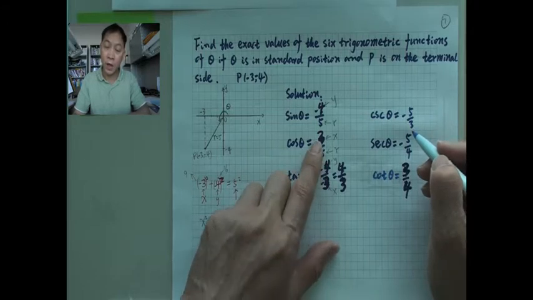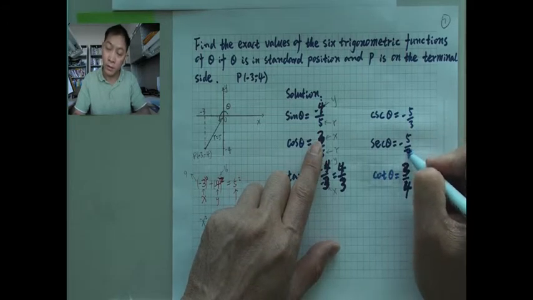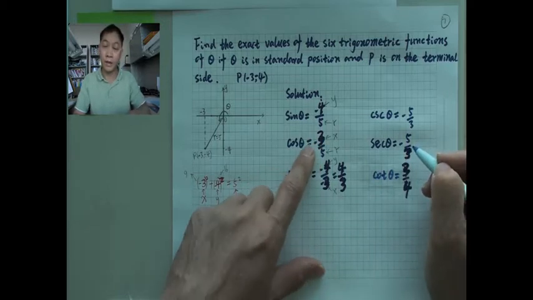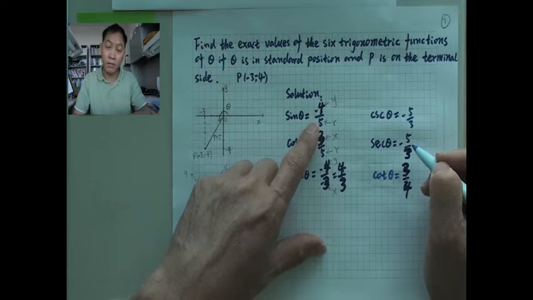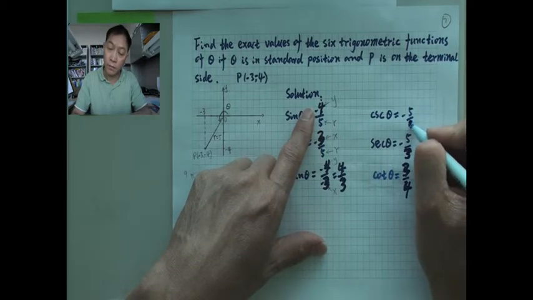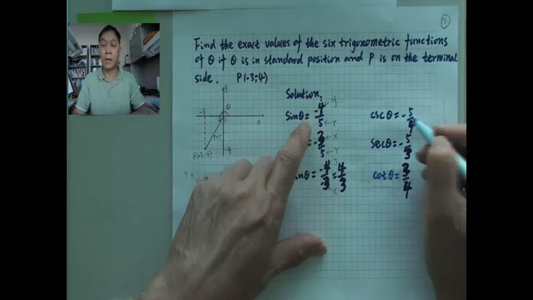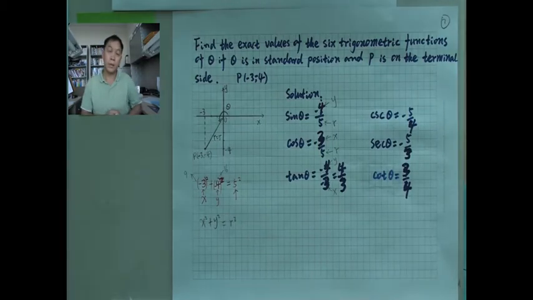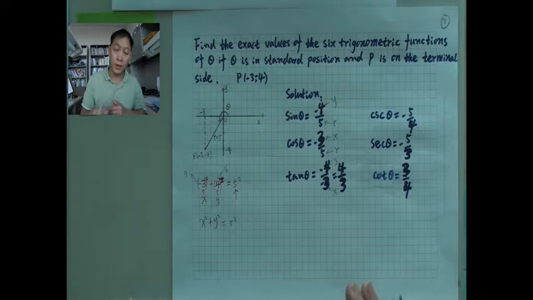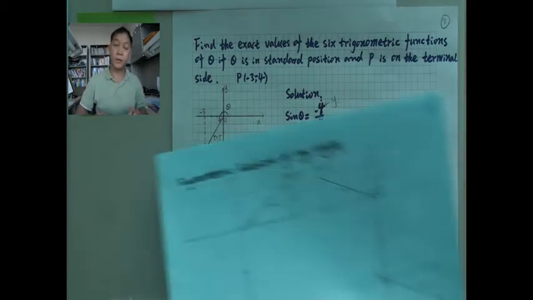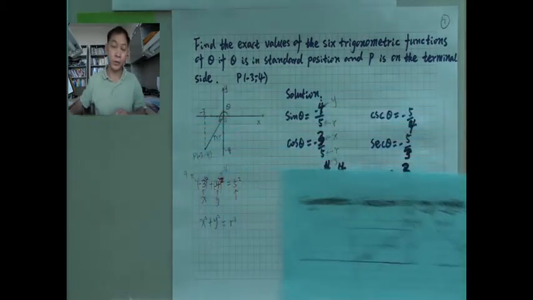It's 5 over 3, 5 over 3 negative. And here is 5 over 4 negative. Okay, so this is the example for the new definition for any angles.